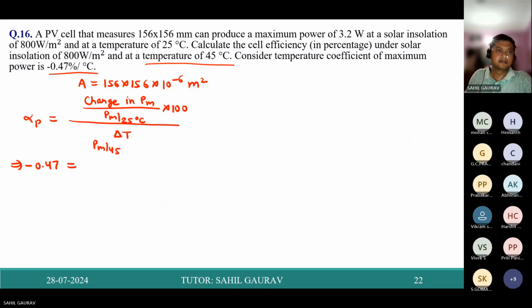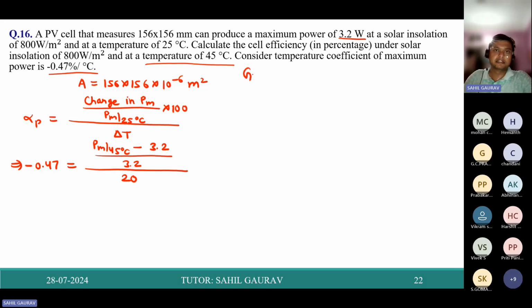PM at 45 degrees Celsius minus PM at 25 degrees Celsius, upon 3.2 watt, and delta T will be 20.